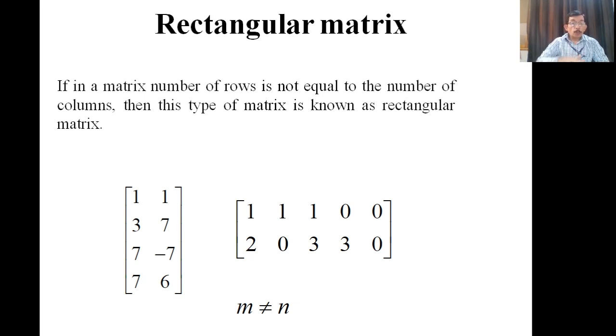So how many rows? Horizontal rows, that is 4 rows. And how many columns? Vertical, 2 columns. So the order of the matrix is 4 by 2. And in the second example, how many rows? 2 rows. How many columns? 5 columns. This is also an example of a rectangular matrix. Is it clear, everyone? Now we come to the next slide.